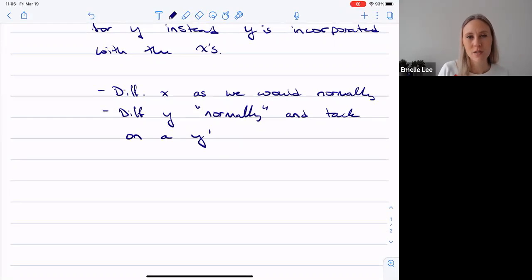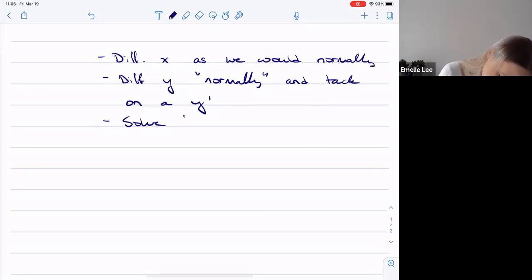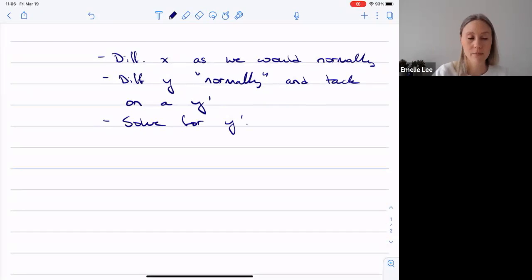That's because of the chain rule, but you don't need to think of it as the chain rule because that's kind of tricky, but you do have to add on that y prime, and then you rearrange it and solve for y prime, which is what you wanted to solve for.